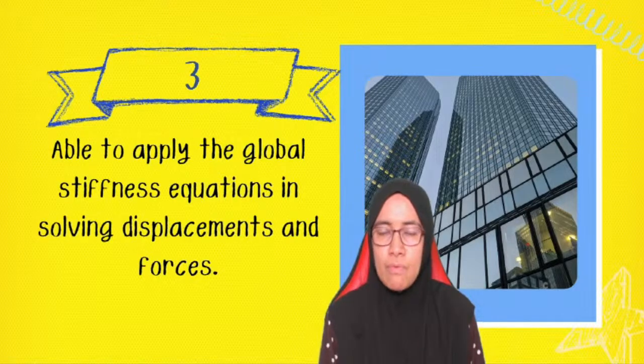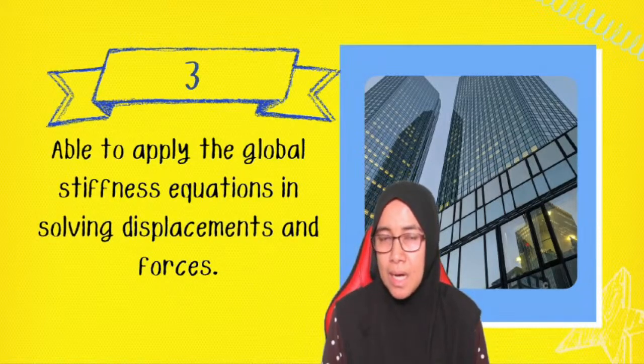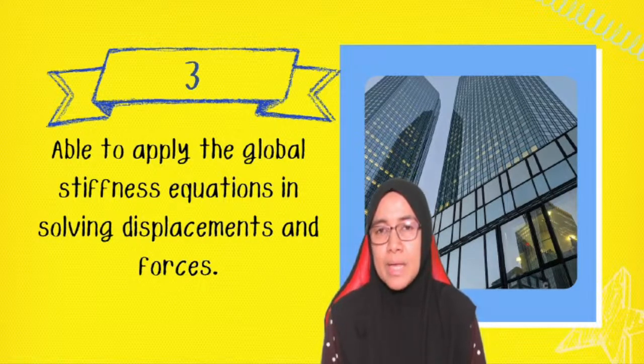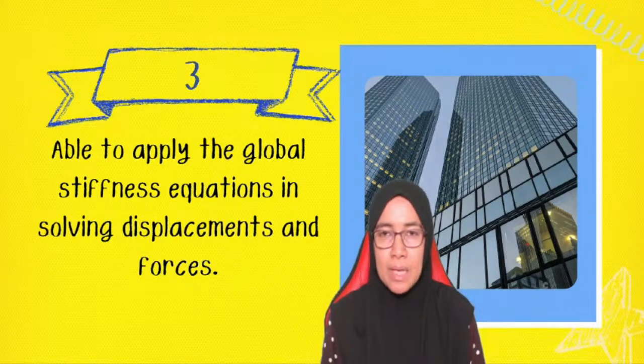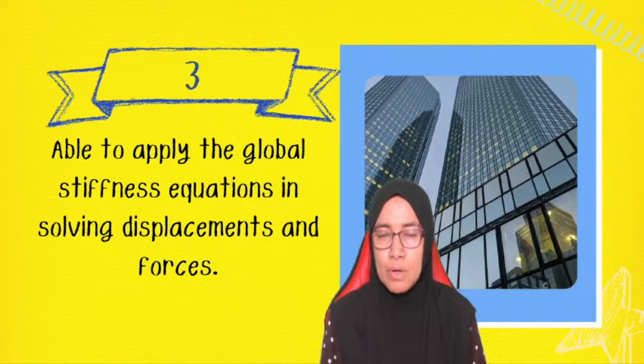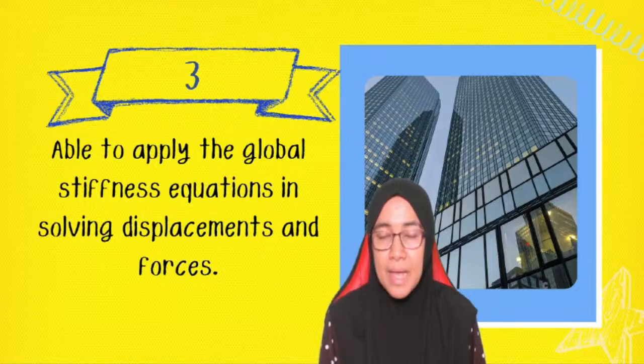We will solve for the unknown displacement. Basically, the unknown displacement that we can solve manually is up to 3 degrees of freedom in the unconstrained system. It is the same as in the flexibility method, where we limited the manual calculation to 3 redundants, because 3 redundants can be solved using a calculator, using manual calculation as well.